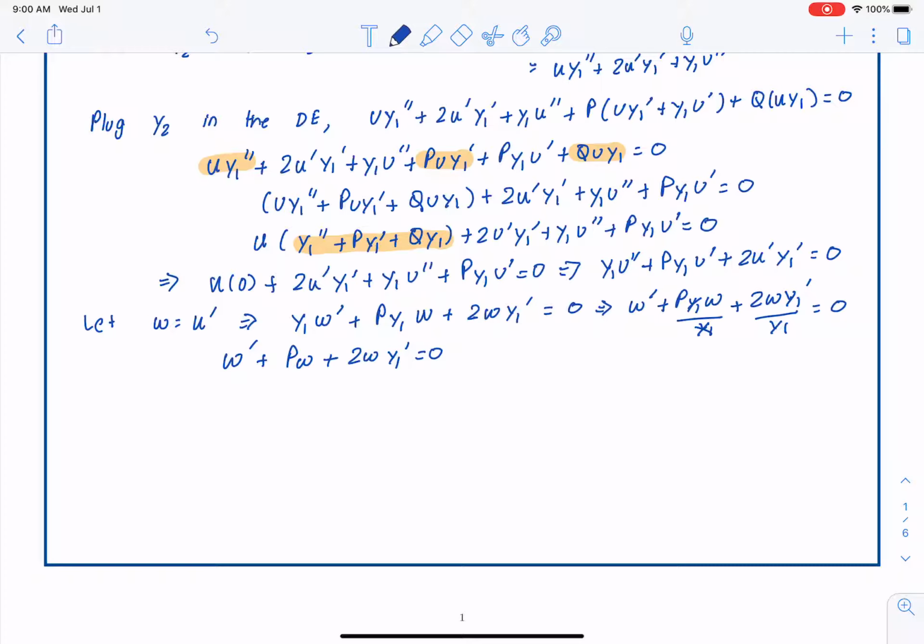And w prime, I could rewrite as dw over dx, and p times w would simply be p times w as is, and 2 times w times dy1 over dx would equal 0. Let's see if we can gather things together.